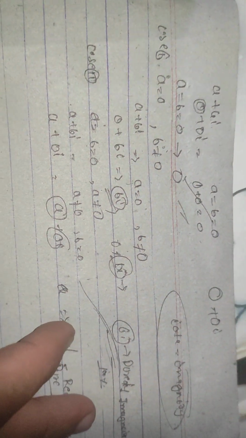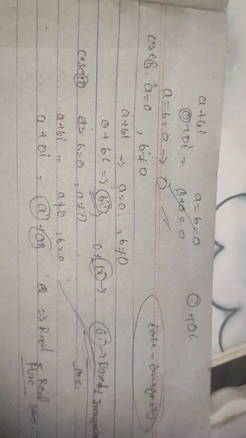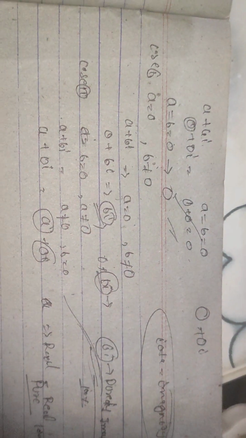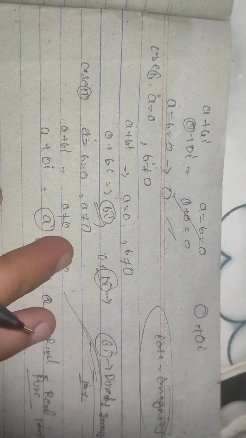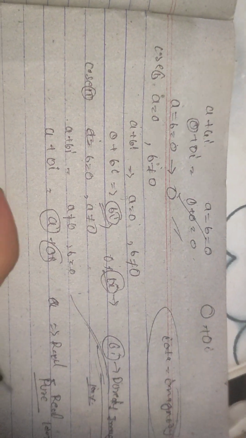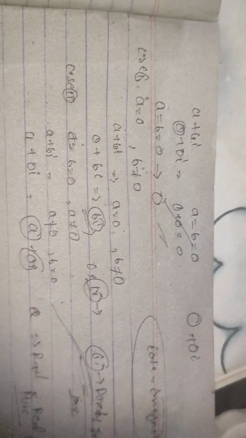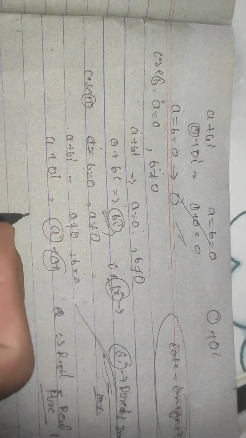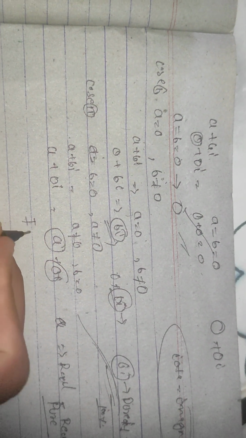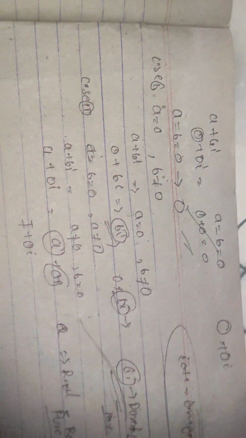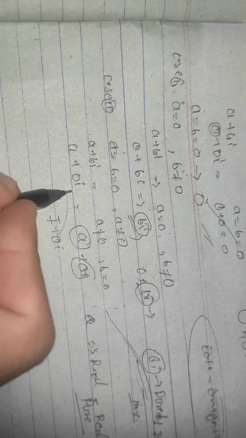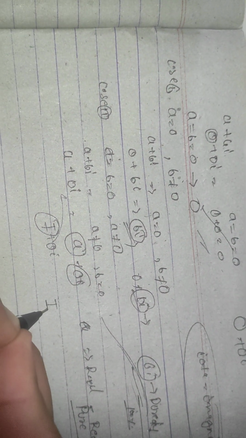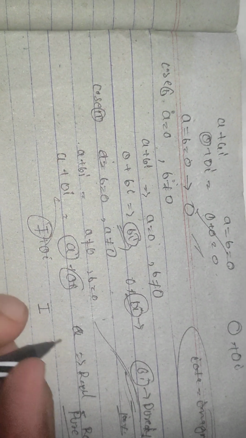So let's further talk about this. All real numbers, all integers, are of the form of this plus 0 iota. We also say that this is the purely real part, but this integer is also called a real number.